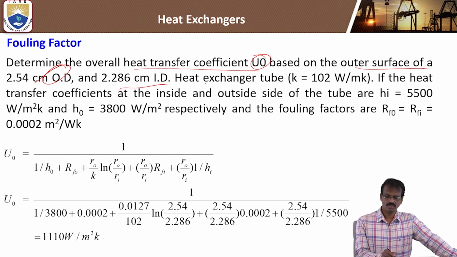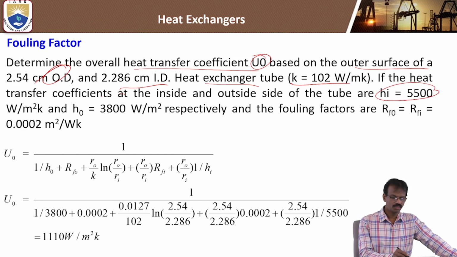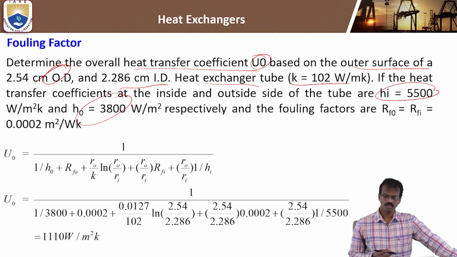The heat exchanger tube thermal conductivity is also given. The heat transfer coefficients at inside and outside, so hi is also given, h naught is also given, both with respect to the inner surface and outer surface. Then fouling factors are also given.